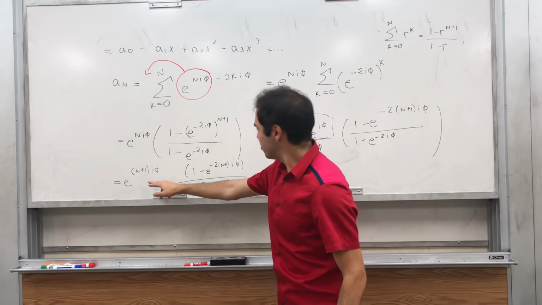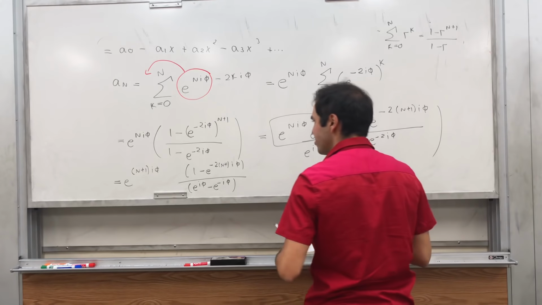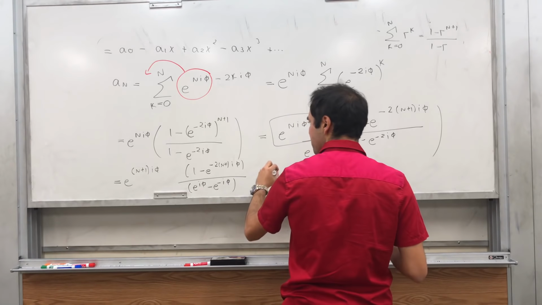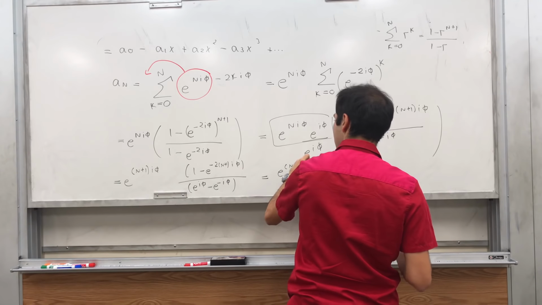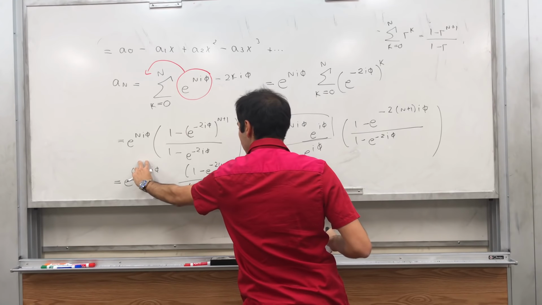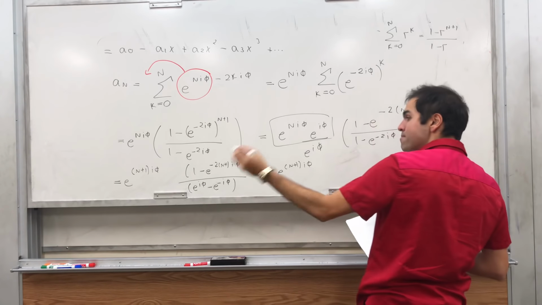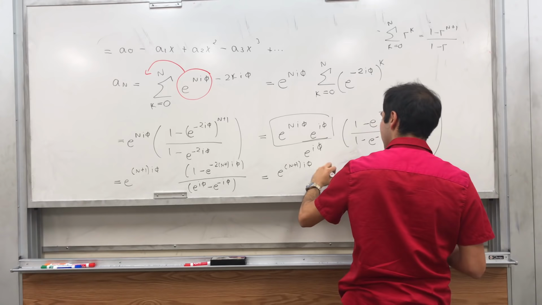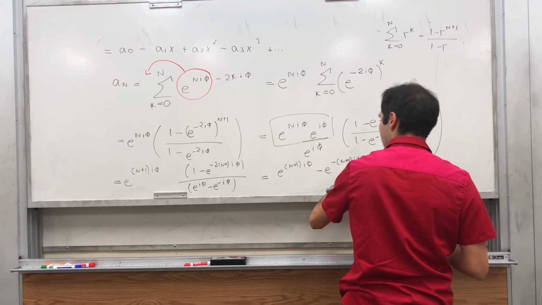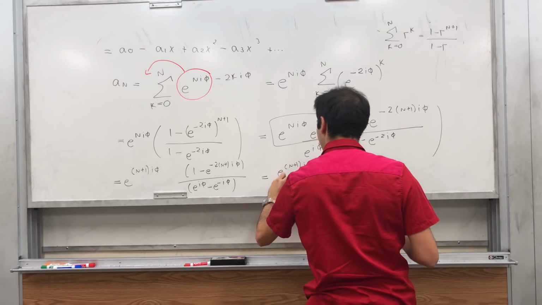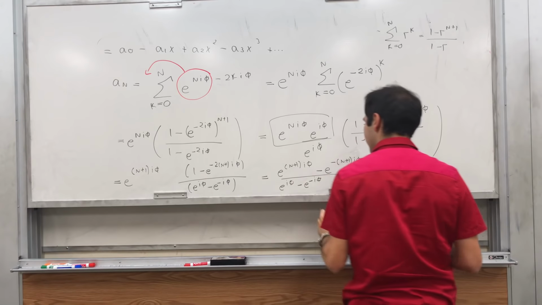But notice also, if we multiply this term by the numerator, this also gets simplified. So this becomes e to the (n plus 1) i phi minus e to the minus (n plus 1) i phi, over e to the i phi minus e to the minus i phi.